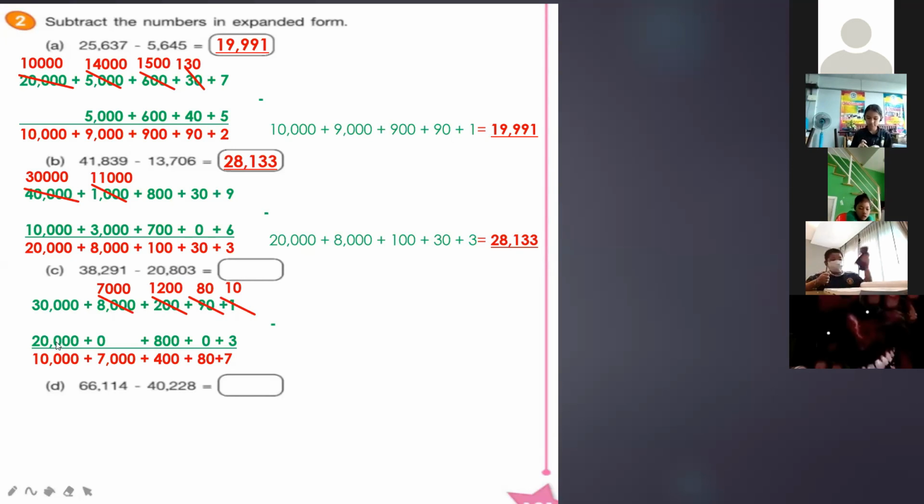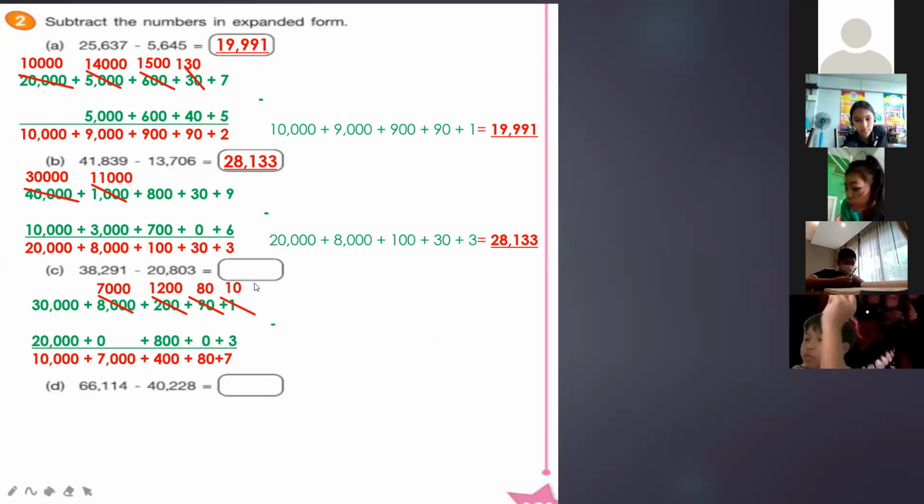The expanded form is 20,000 plus 0 plus 800 plus 0 plus 3. Okay, so 1 is smaller than 3, so 1 becomes 10 because we borrowed 10 from 90. So 90 becomes 80 and 1 becomes 10. So 10 minus 3 is 7. 80 minus 0 is 80.